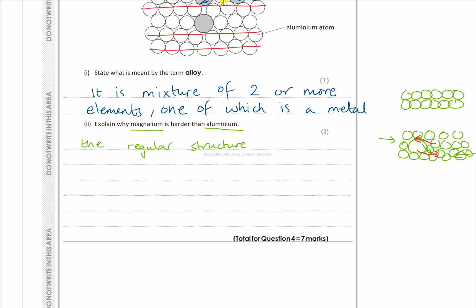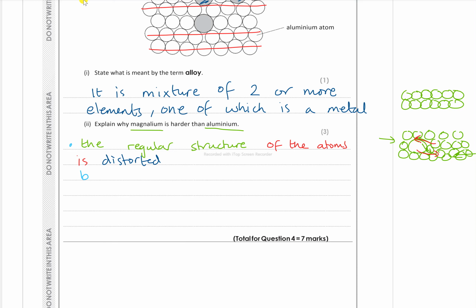Anyway, let's carry on. The regular structure of the atoms is disrupted. No, let's not use the word broken. I don't like the word broken. I think we should say distorted. Why is it distorted?